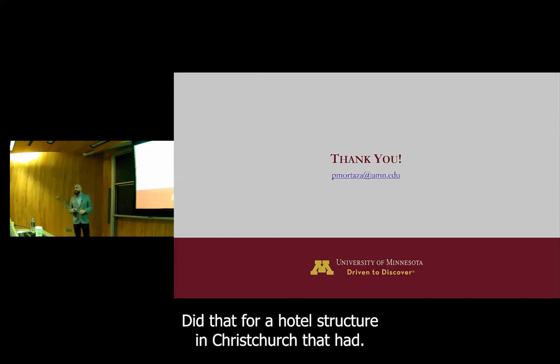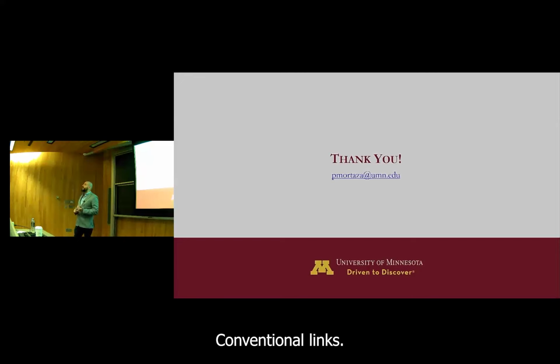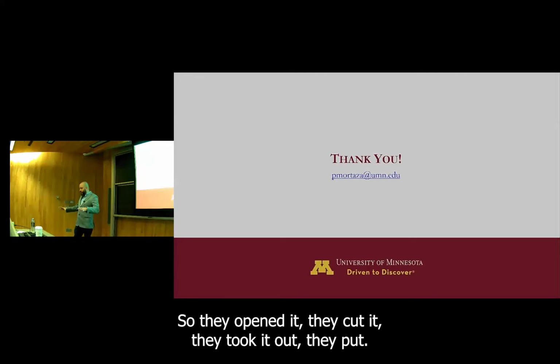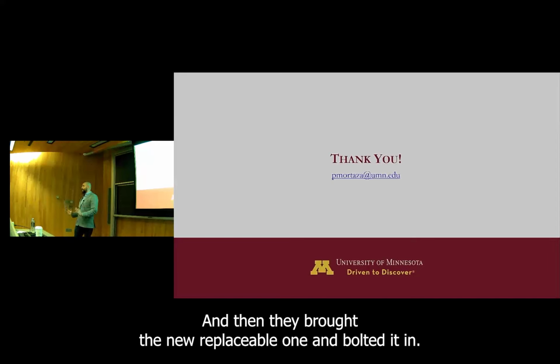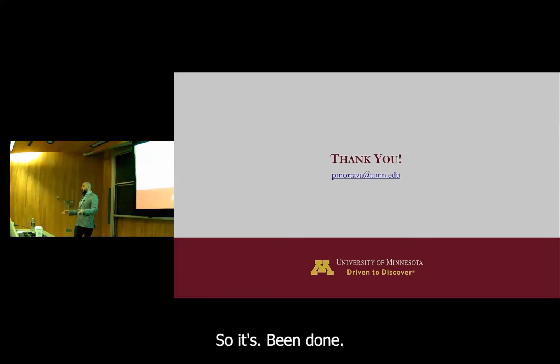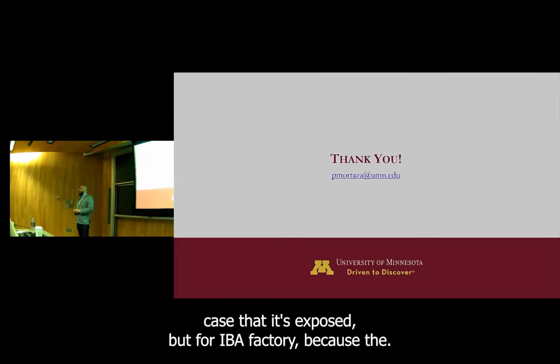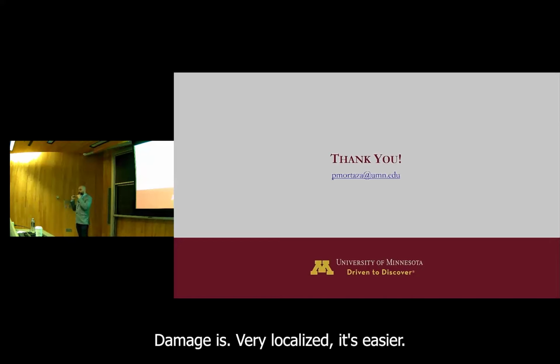They did that for a hotel structure in Christchurch that had conventional links. They opened it, cut the old link out, welded end plates, and then brought the new replaceable one and bolted it in. So it's been done. It's not as easy as when it's exposed, but for EBFs, because the damage is very localized, it's easier, I would say.